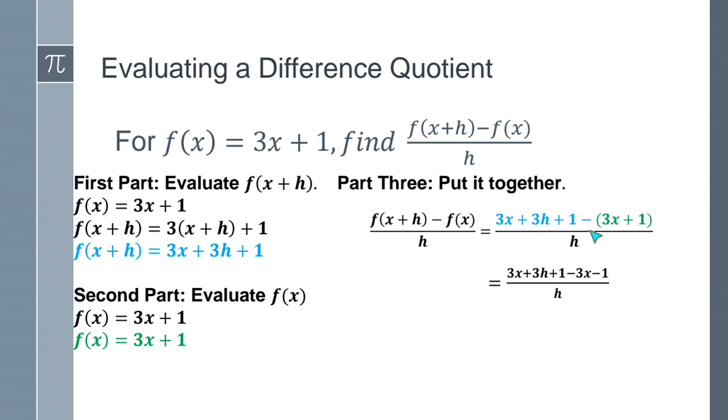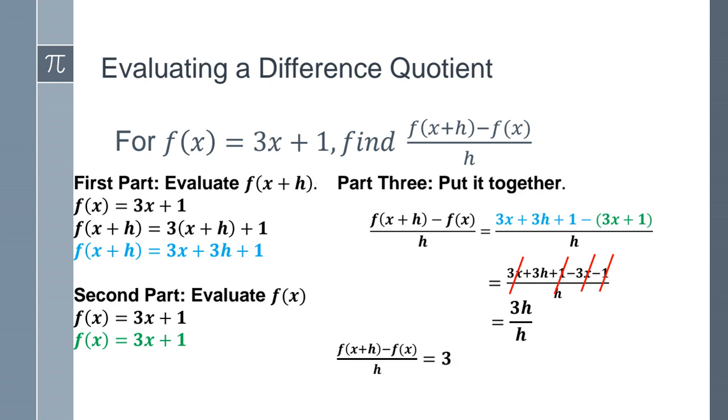And if you're doing this correctly, you should have some values that cancel out. So 3x minus 3x is 0, 1 minus 1 is 0, and we're left with 3h divided by h. So the h's are going to become 1. So the difference quotient for f of x equals 3x plus 1 is going to be 3.